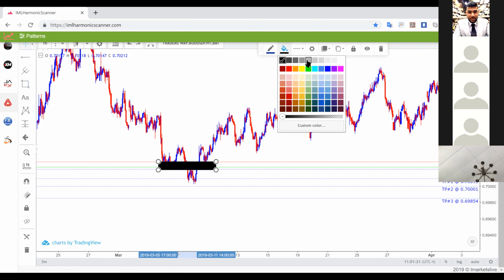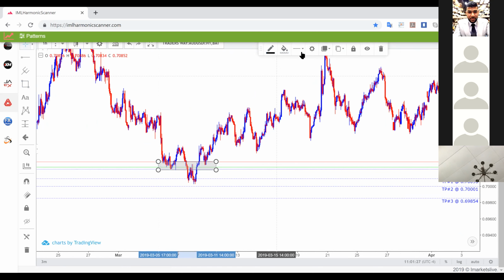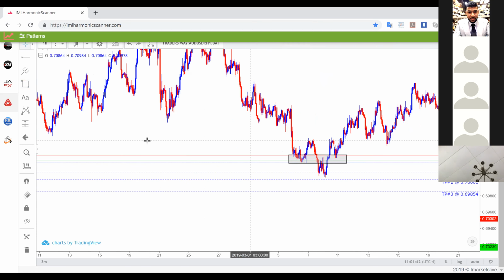Let me lighten it up. We have an area of support here as well, right? And we have an area of resistance right there. So this is support, this is resistance, this is support. Pretty cool, isn't it?